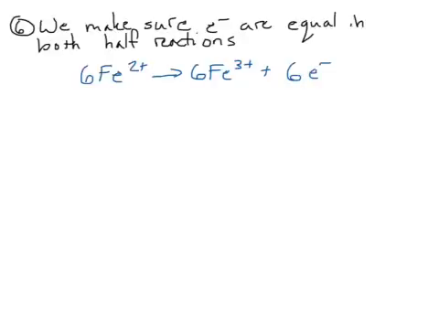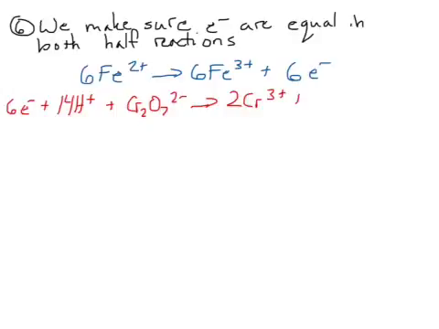And that matches up nicely with our reduction, which I'm going to rewrite here. 6 electrons plus our 14 H+ plus our dichromate goes to 2 chromium ions plus our 7 waters.